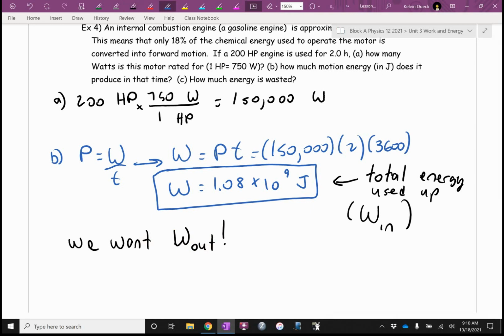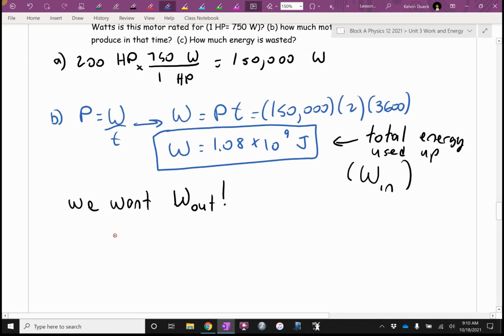So efficiency is work out divided by work in. Smaller number divided by the bigger number. We want the smaller number. This is how much energy is being used grand total, but most of this is not going into making the car go forwards. How would I get the work out by itself?